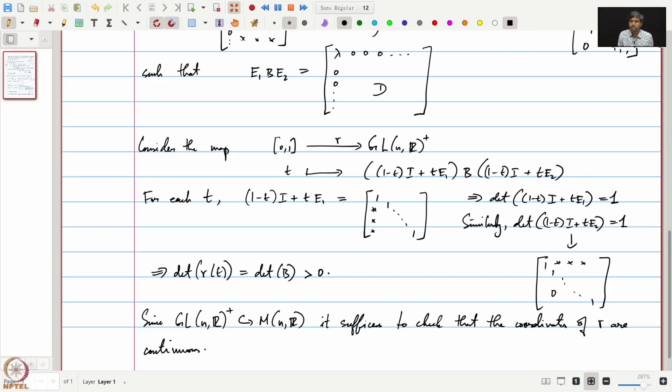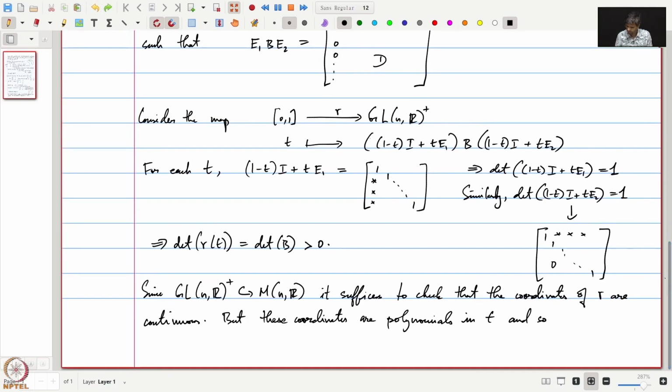But the coordinates of gamma are polynomials in t, and so are continuous. That's easily checked. When we multiply out these three matrices, it's clear that the coordinates will be polynomials in t, and so gamma is continuous, since each coordinate function is continuous.